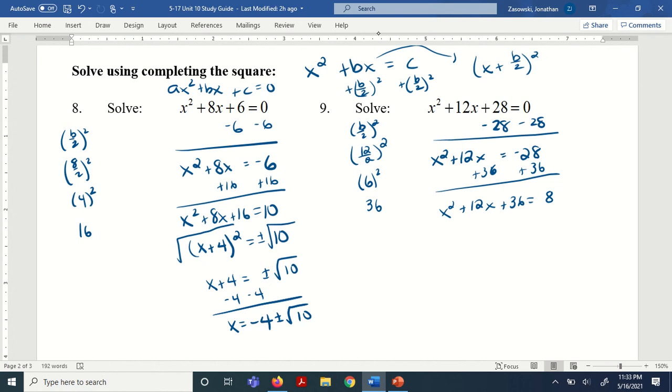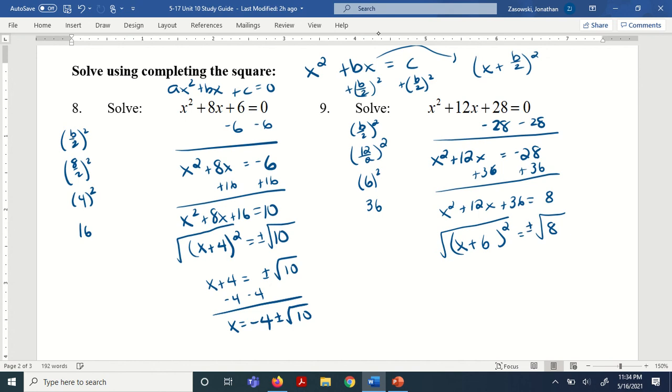Okay? So factoring. It's x, because this is positive, plus, and then we're looking at our b over 2, which is 6, so 6 squared. And then we're going to go ahead and take the square root of both sides. Remember that plus or minus.